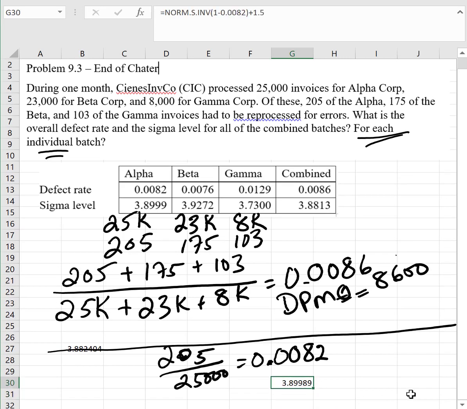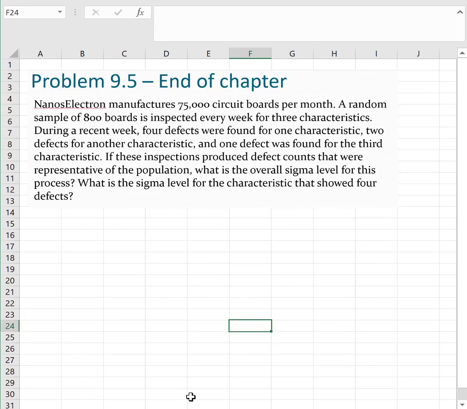And so it looks like this: for Alpha, the processing of the invoices has a higher sigma level than it does for the entire process.